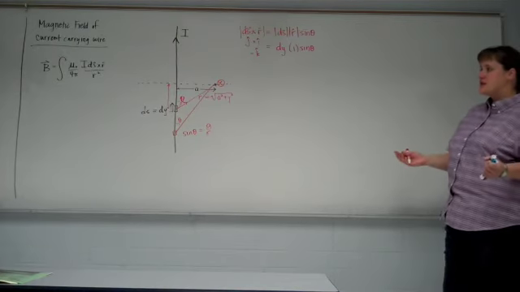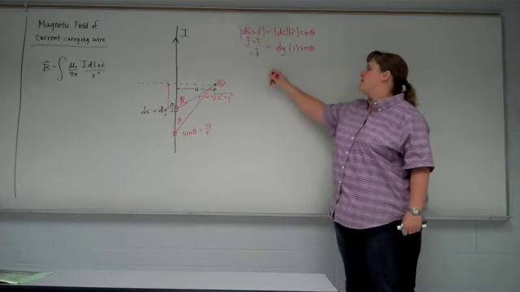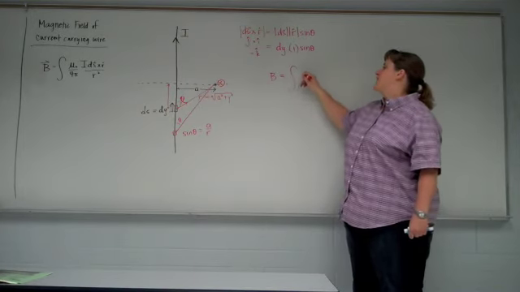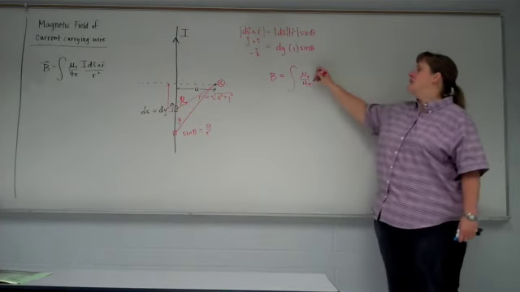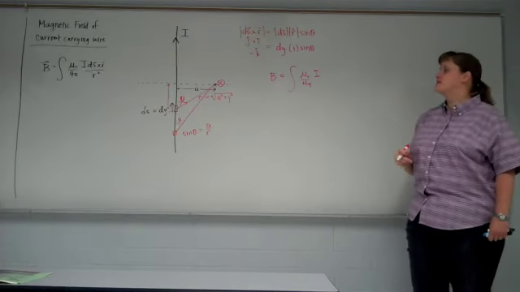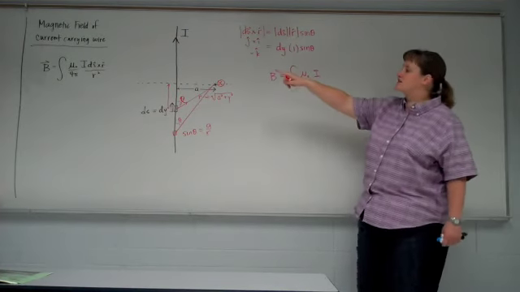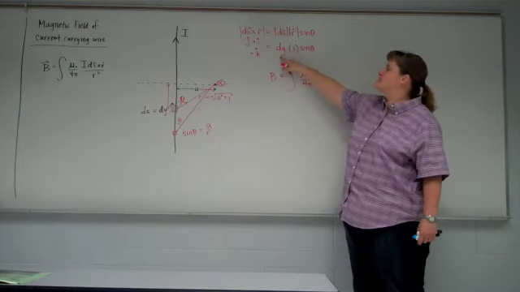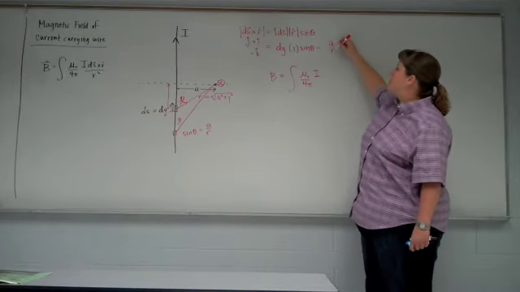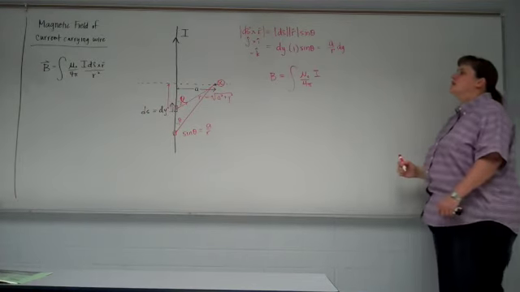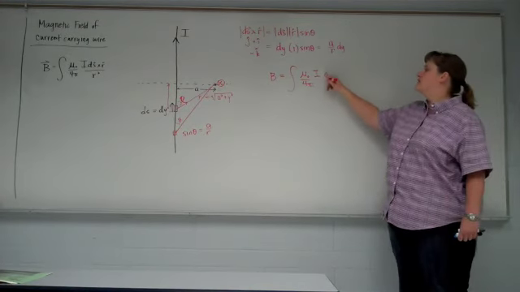So since we already know the direction, we can go ahead and just find the magnitude of the magnetic field. So we have mu naught, a constant, 4 pi, obviously a constant. I is the current that passes through the wire. ds cross r hat, we just need the magnitude of it, so it's dy times 1 times sine of theta. But sine of theta is a over r. So the magnitude of ds cross r hat is going to be a over r dy.